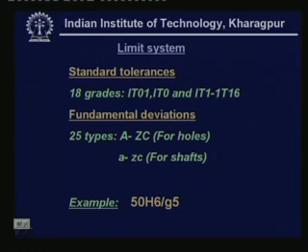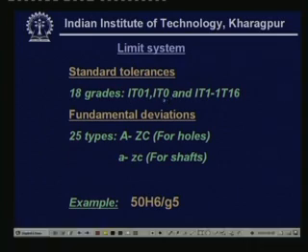Now, you understand that if you are just machining on a lathe, then maybe IT1, IT0 can be achieved with very good machining systems, and a very standard one is something like around 5, 6. However, larger sizes like IT16 etc.